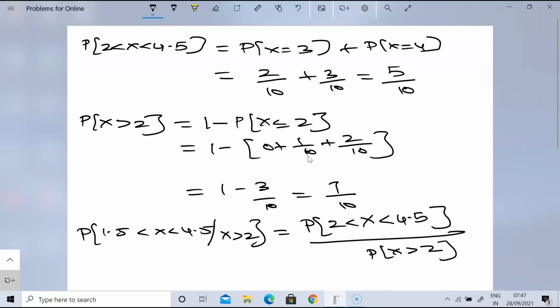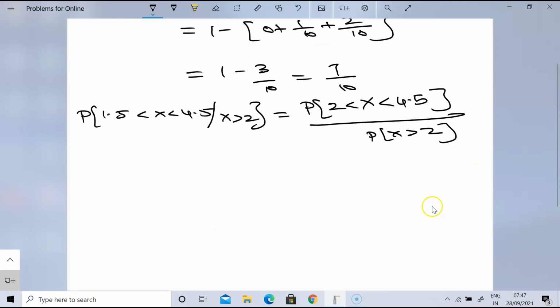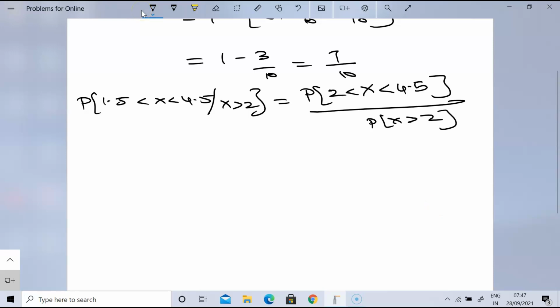This is what I have. So now it's a mere substitution. The numerator is 5 by 10 and the denominator is 7 by 10. Okay, so this ends the problem. So I can write it as 5 by 7 or whichever form you want.